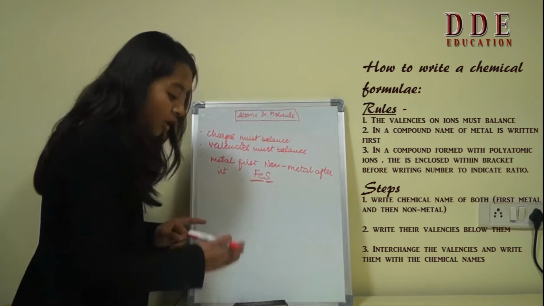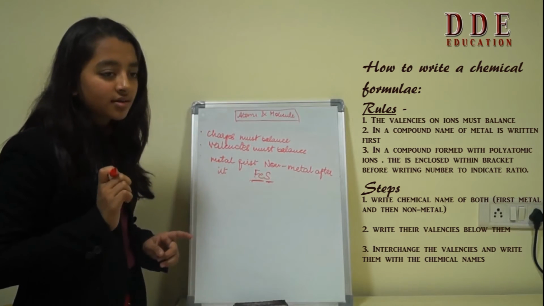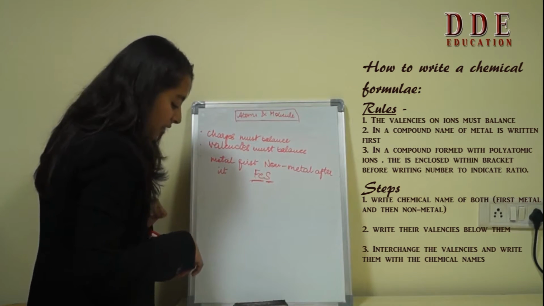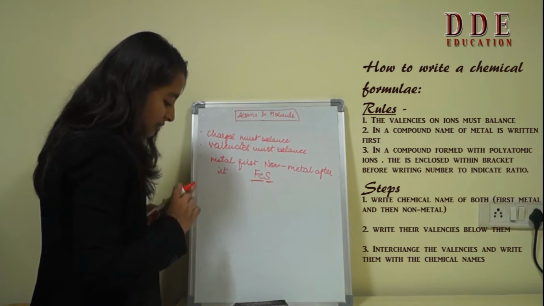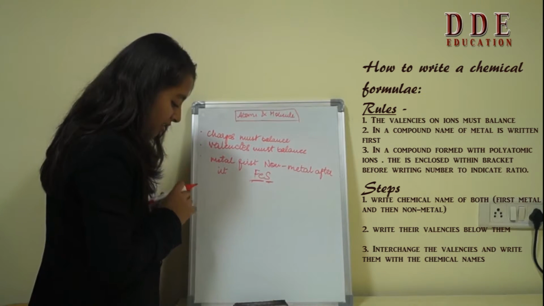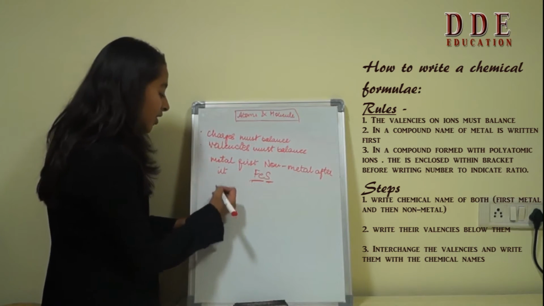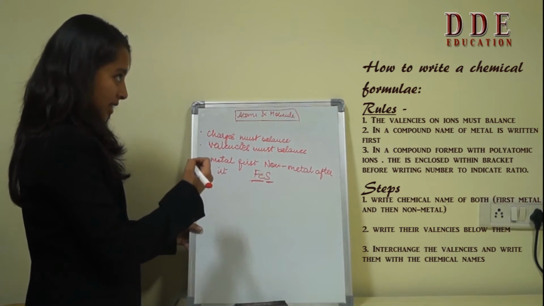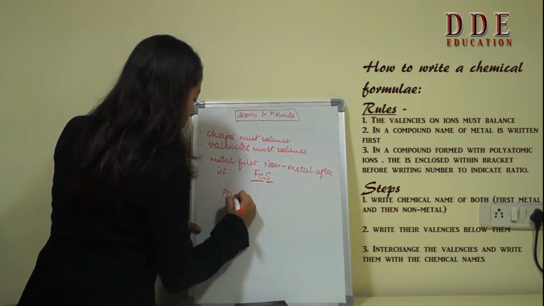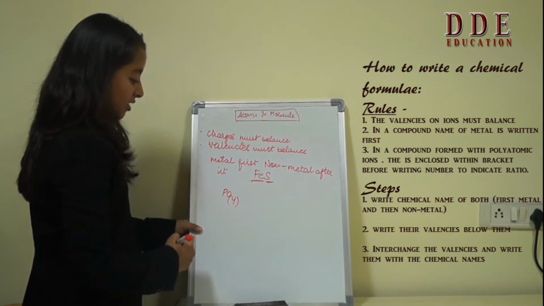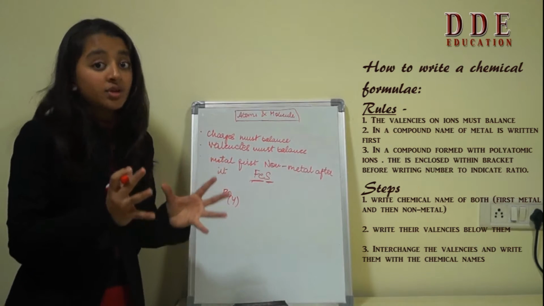In compounds formed with polyatomic ions, the ion is enclosed in a bracket before writing the number to indicate the ratio. So if the number of ions is more than one, let's say PO4, it should be written in a bracket before writing the ratio to indicate the number.